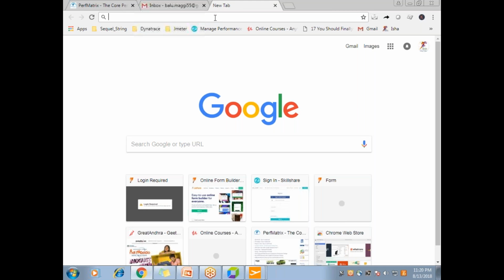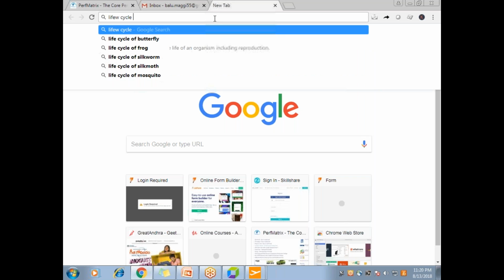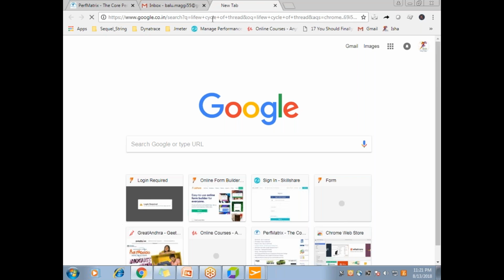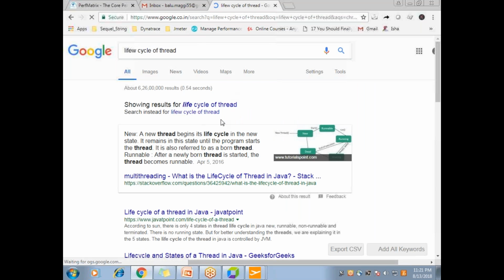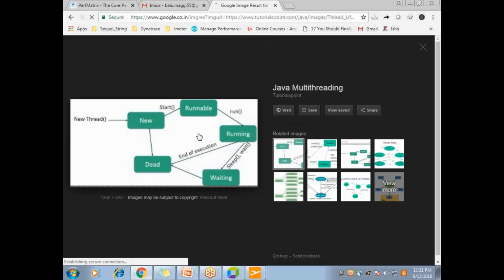Life cycle of threads. As you can see here, there are different stages the thread could be in.